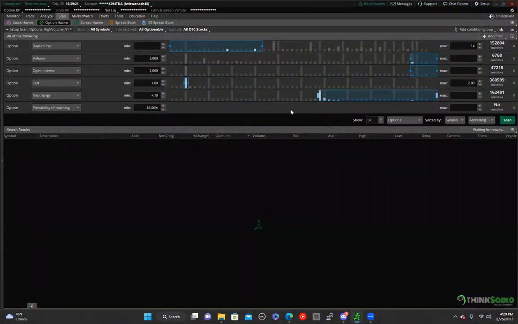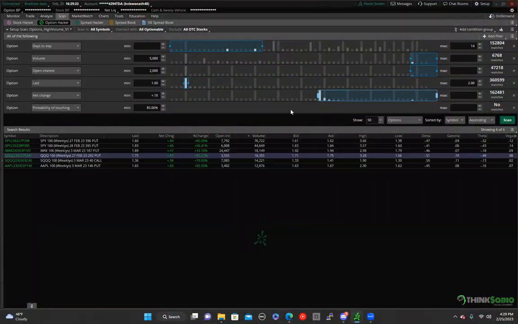And then there are no matches. Oh, there are a few. So the probability of this happening is 85%, then basically these are the stocks that have the highest probability of winning. So these are the contracts worth looking at.